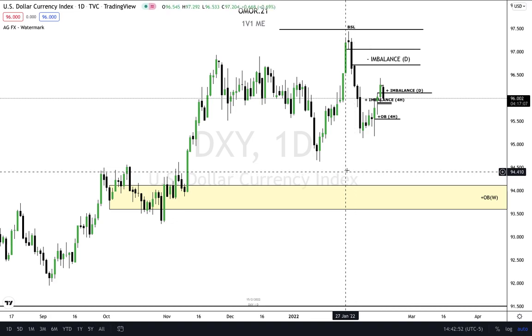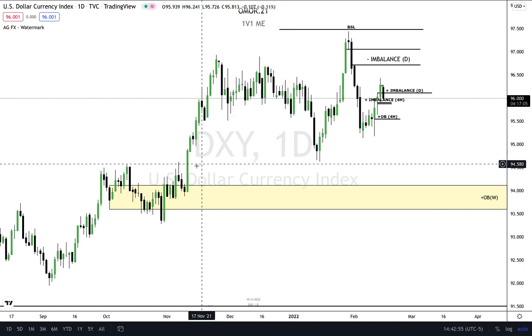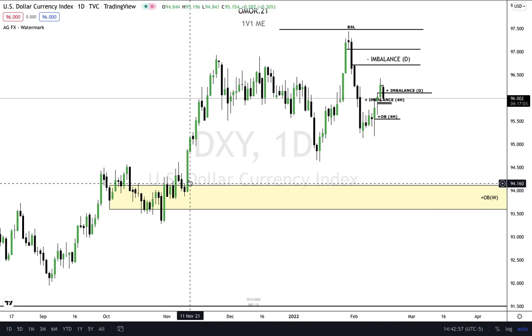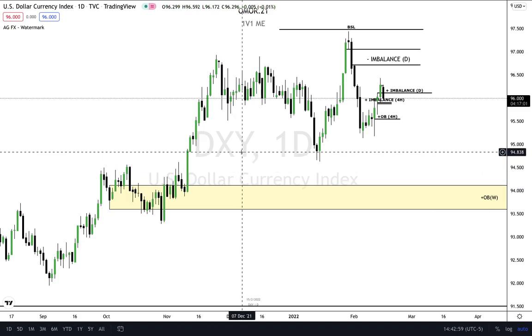I'll give you an example. By inefficiency, I mean the market has to offer a fair chance of buying and selling at every single price level. A market has to facilitate buying and selling.